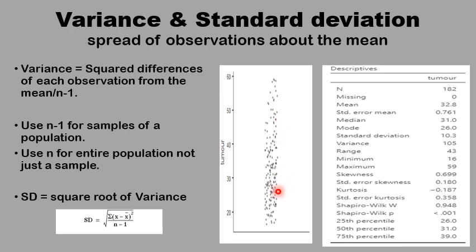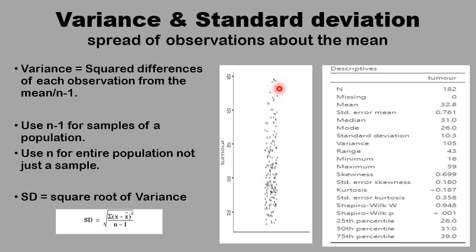rather than allowing the positive and the negative data to cancel each other, the differences are squared first and then divided by usually the number of the observations minus 1, because this is just a sample, or occasionally by the total number of observations if we have reasons to think that this is the whole population, like in a rare disease or a certain type of surgery.